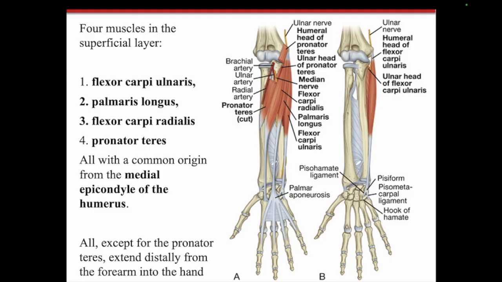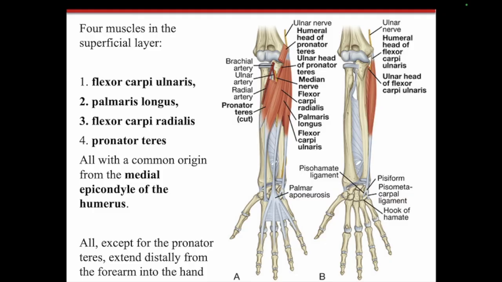Medial and lateral, don't forget: the little finger is medial, and the big finger, the thumb, is lateral. Radial follows the thumb, and ulna follows the little finger. So the words say it all.